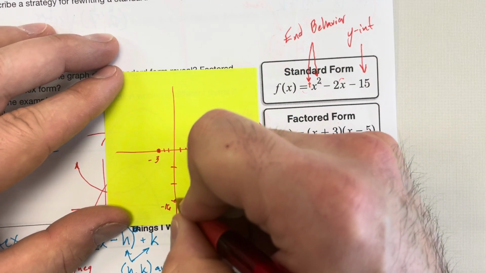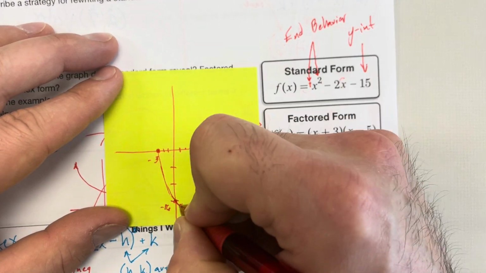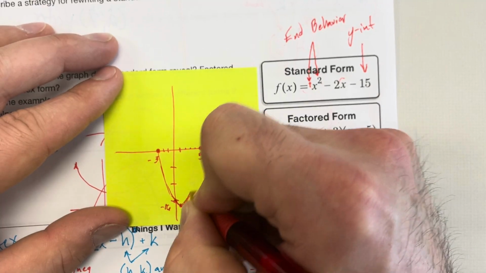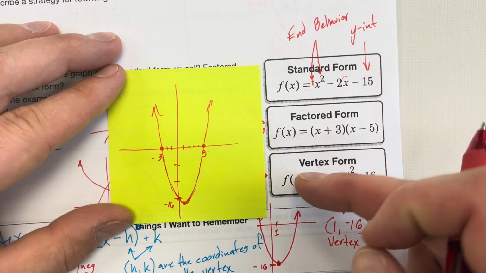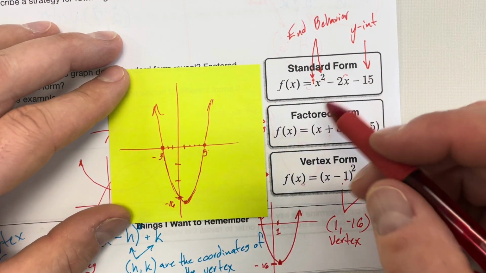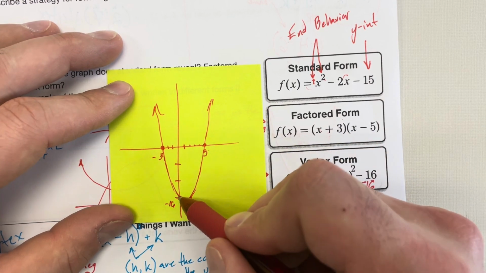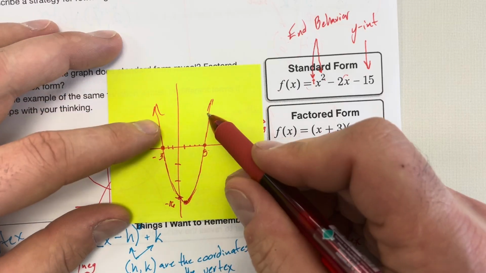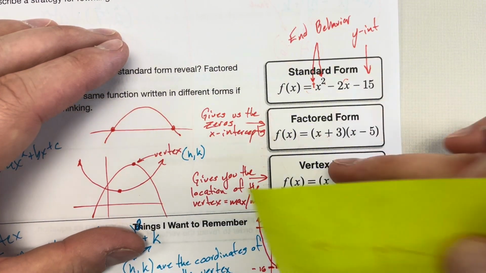So this helps us give a better sketch of this parabola. There we go. All three of these give us a complete amount of information. It tells us everything: the zeros, the y-intercept, the minimum point, and the end behavior. We have everything to graph it if we had all three forms.